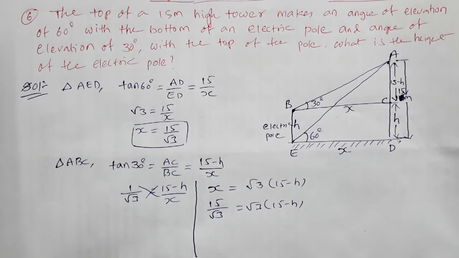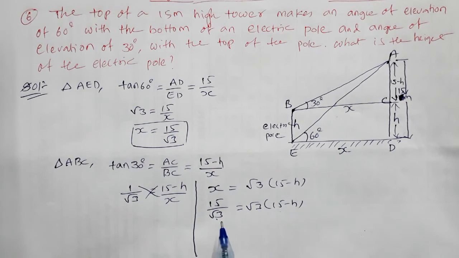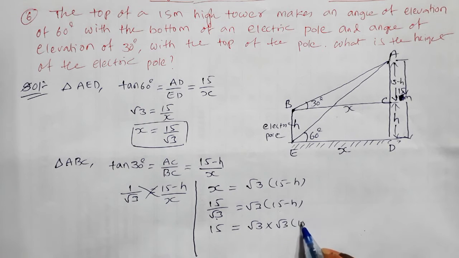Next, root 3, take it on the right hand side, multiplication. So 15 equals root 3 into root 3 into 15 minus h. Then 15 equals root 3 whole square into 15 minus h.